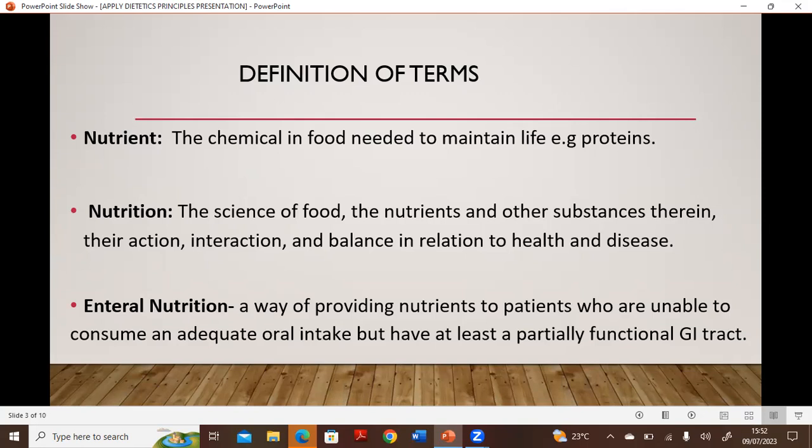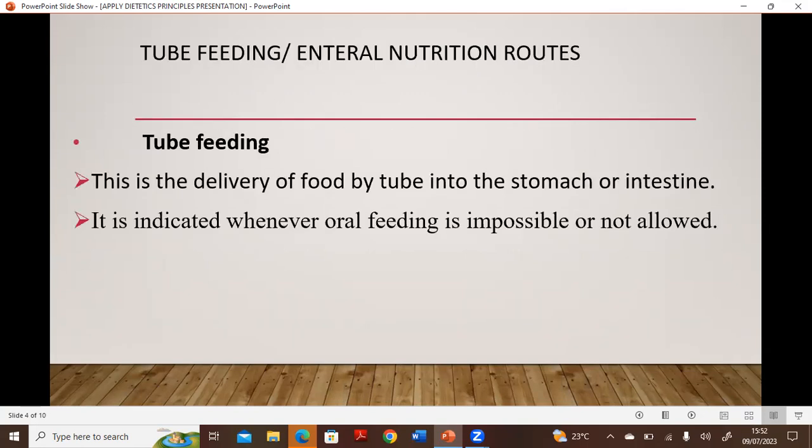Yeah, very right. So this is a way of now providing nutrients to those individuals that are not able to feed orally, or their oral feeding is not adequate for them.